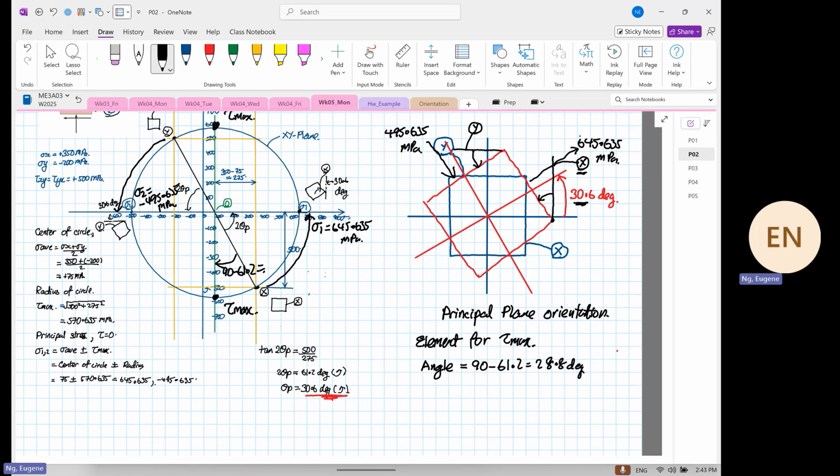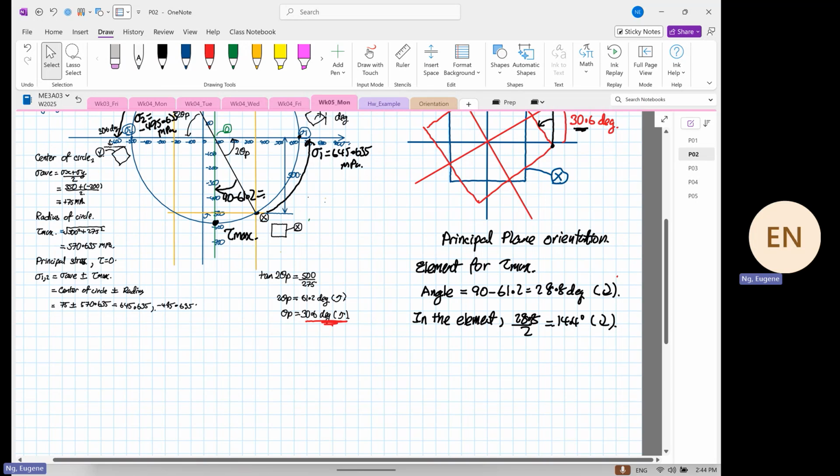And this is going to rotate in the clockwise direction. So in the element, we have to rotate 28.8 degrees divided by 2, which is equal to 14.4 degrees, and we have to rotate in a clockwise direction. So now, how is this going to work?